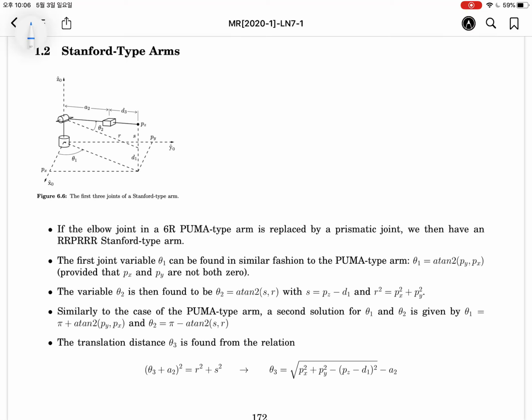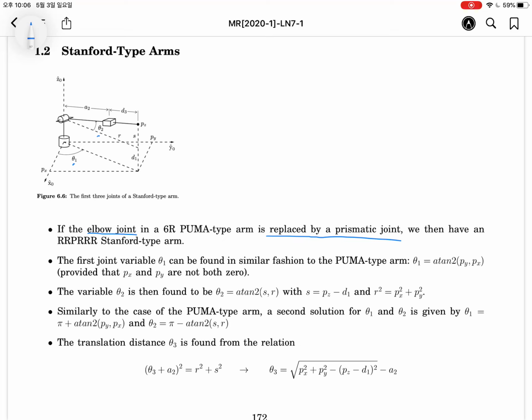Okay, the last page is about the Stanford arm. The Stanford arm is very similar to the Puma 560. The third joint, the elbow joint, is just replaced with a prismatic joint. So the kinematics is much easier than the Puma 560.